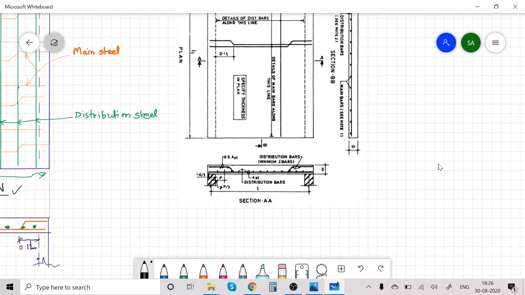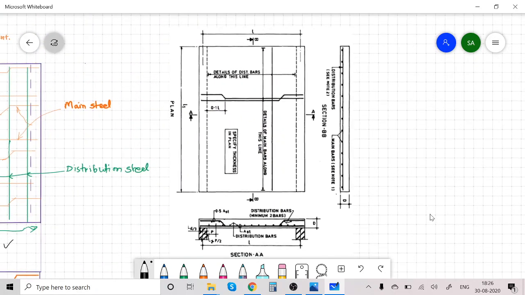Here you can see the details. This is main steel, this is distribution steel, the green distribution steel. You must indicate the thickness of the slab.